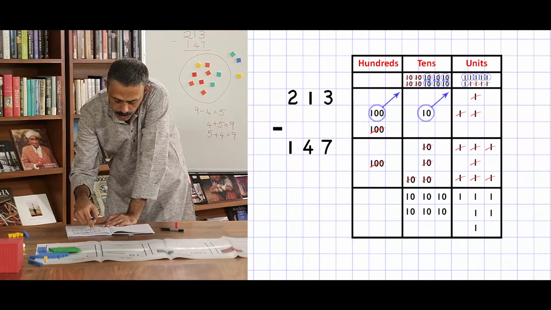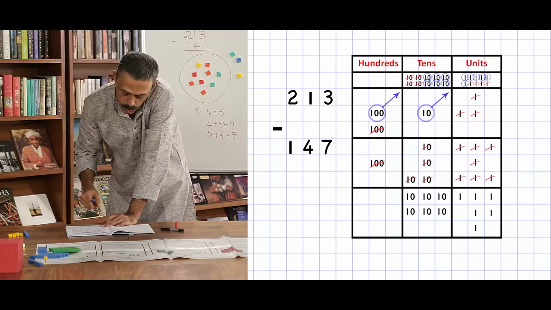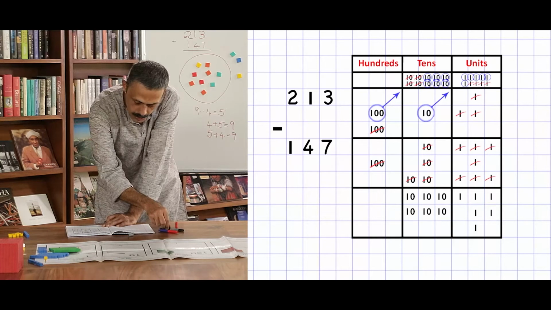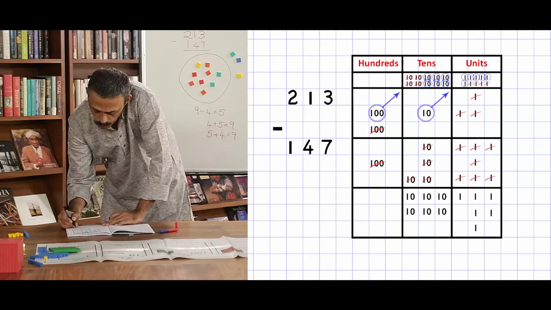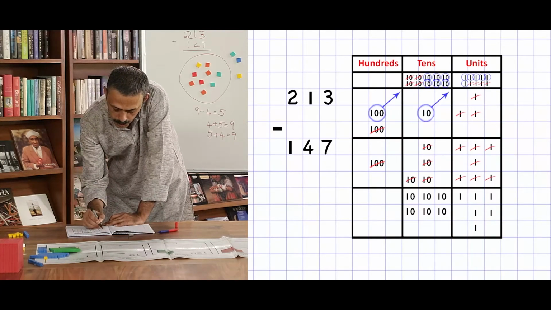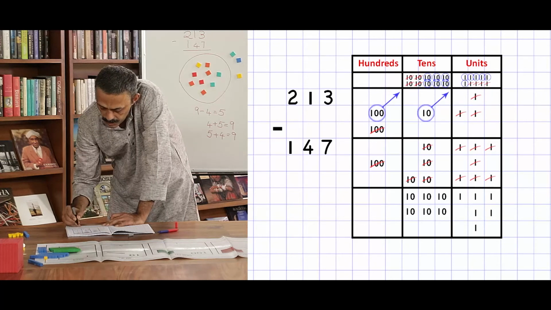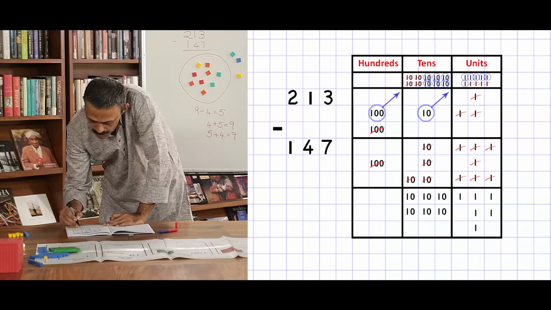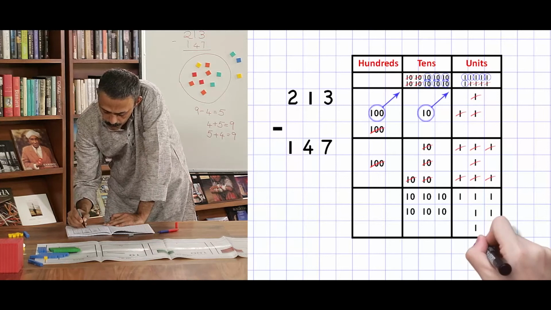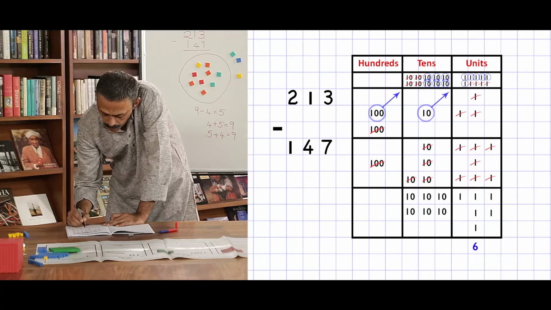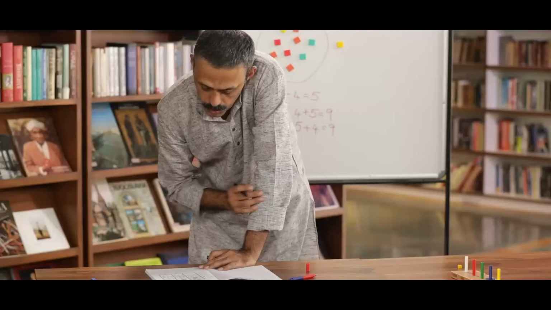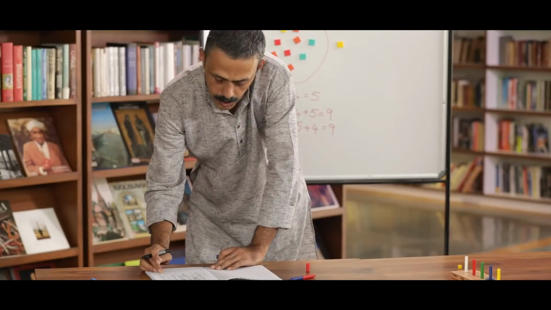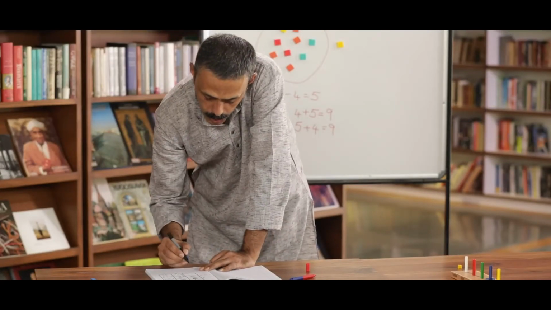If you remove 100 from 100, nothing is left. So what is left after subtracting 147 from 213? 6 in the units place, 6 in the tens place.